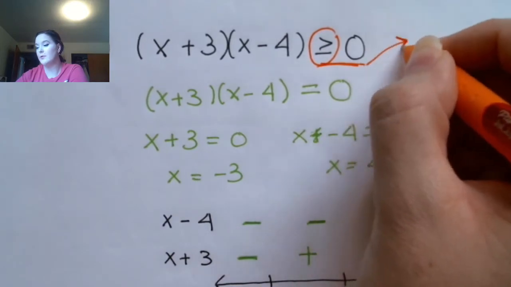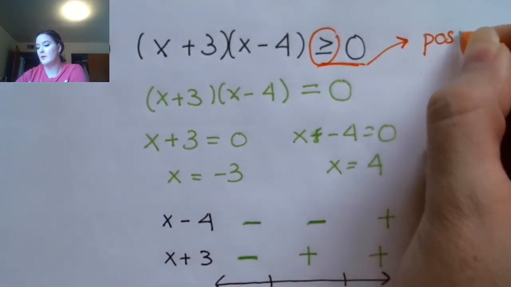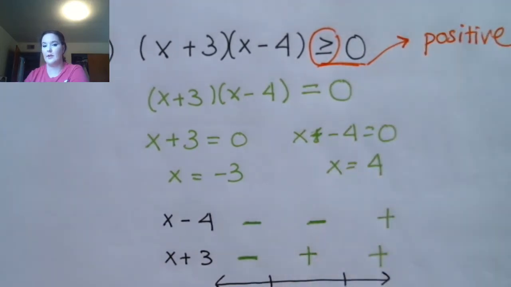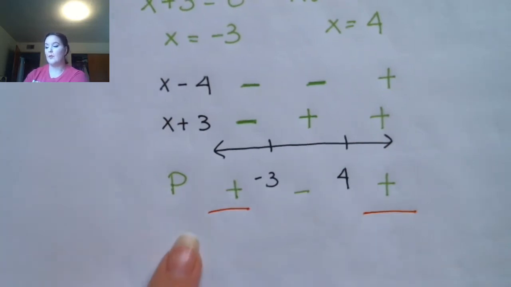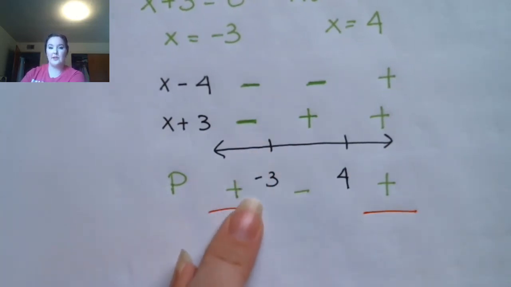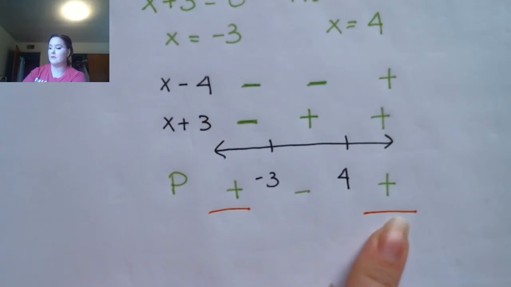Right? Greater than or equal to 0 means positive. So I know that I'm going to be talking about this part and this part because those are the positive parts.